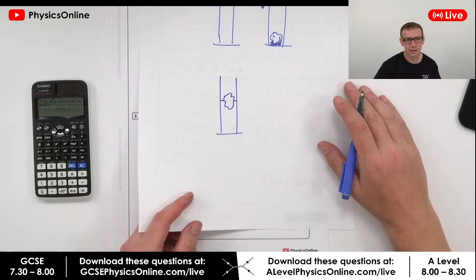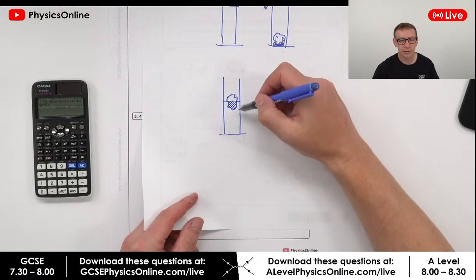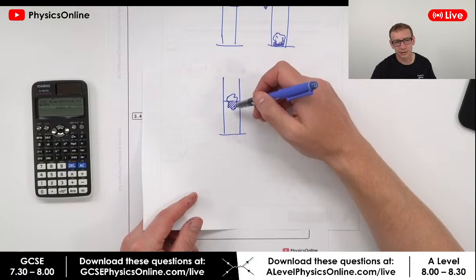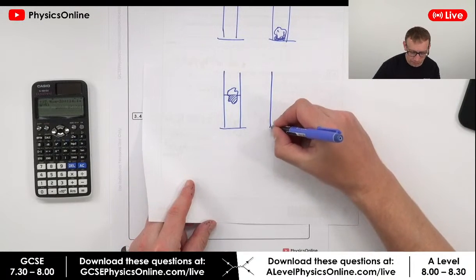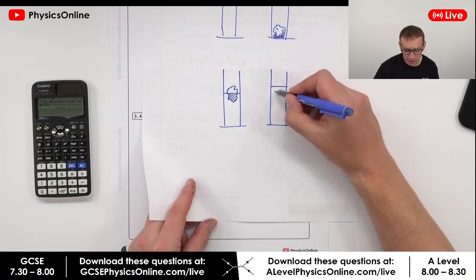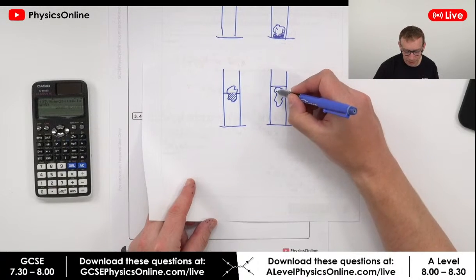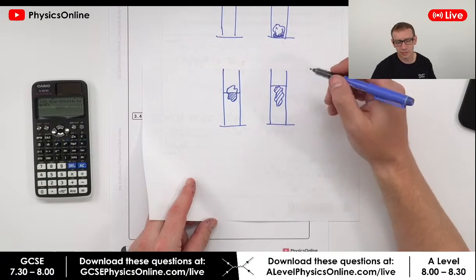It's going to float like this, and that means the volume we measure is only equal to the volume of the irregular solid that's underwater. What you need to do is push it down so the total volume of water displaced is equal to the total volume of the solid.